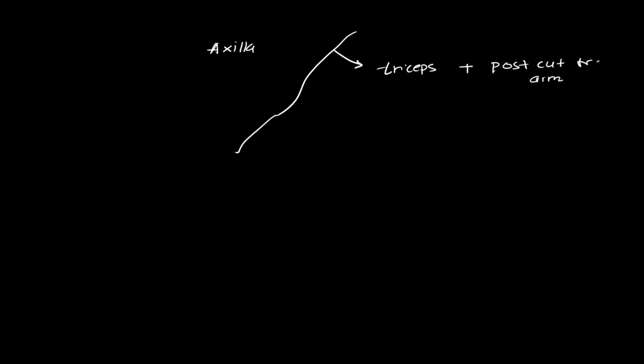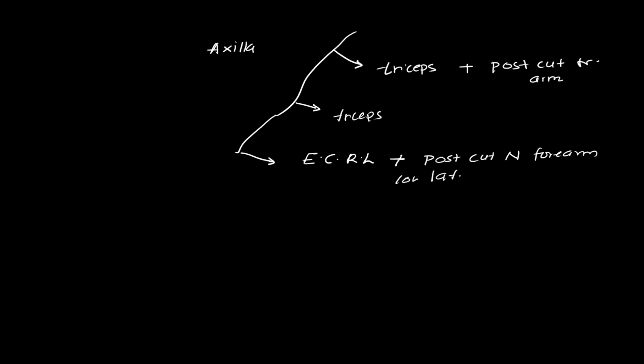Then at the oblique groove, above the oblique groove there is a nerve to the triceps, and below the oblique groove there is the nerve given to the extensor carpi radialis longus, plus the posterior cutaneous nerve of the forearm and the lower lateral cutaneous nerve of the arm. Then this is at the oblique groove.